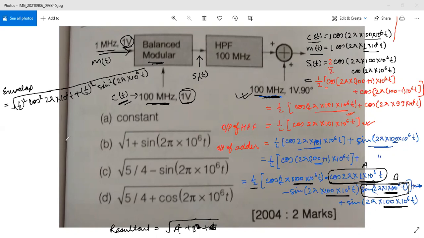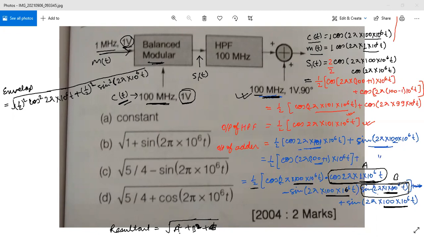So what we can get here, यहाँ पर अगर देखें तो what we will have, we have the value of sine 2 pi 100 into 10 to the power 60 and sine 2 pi into 10 to the power 60. So what will happen here?